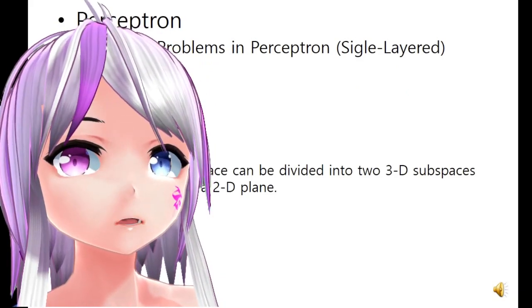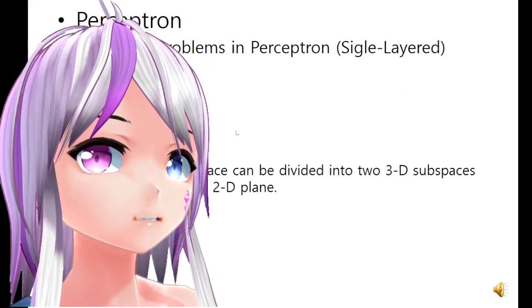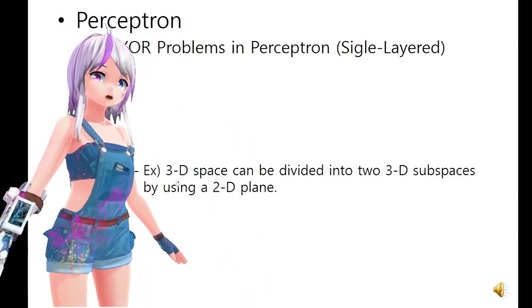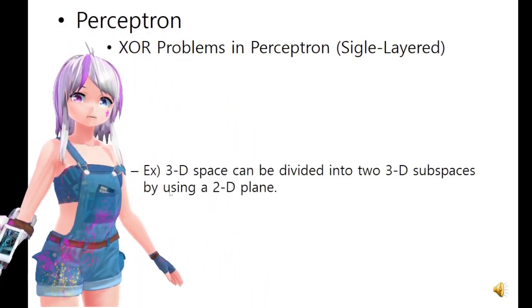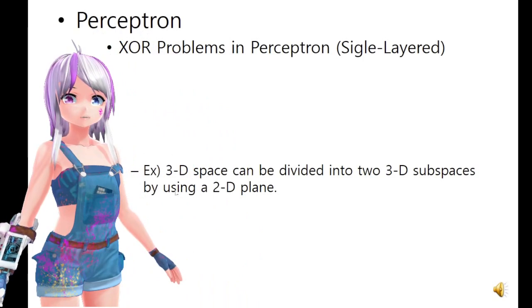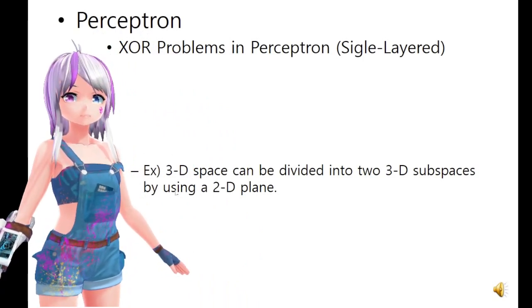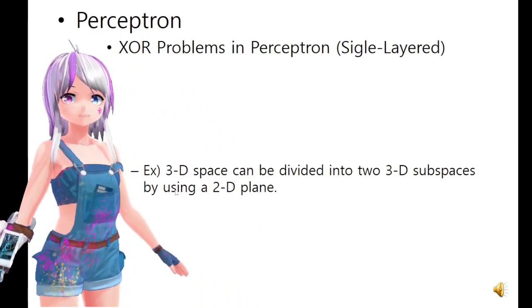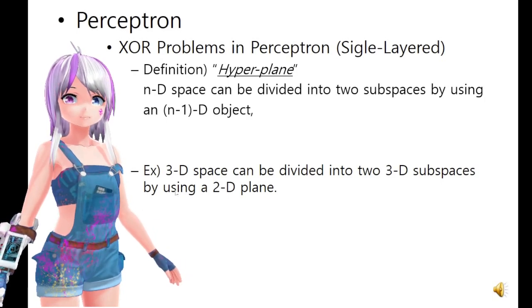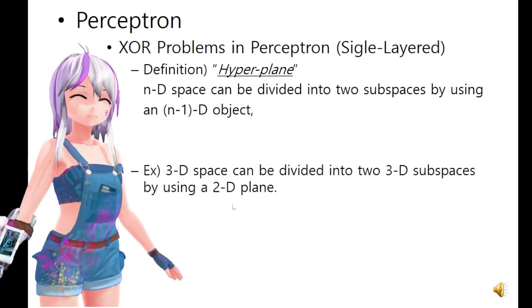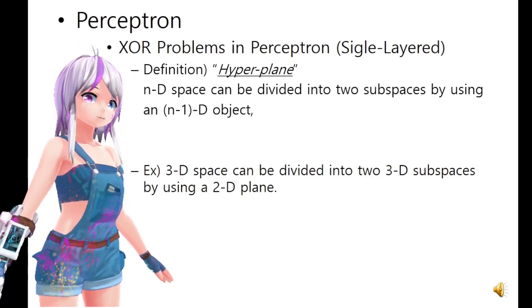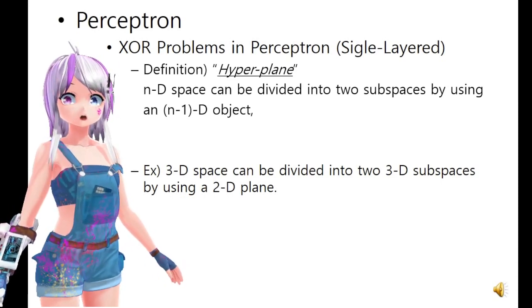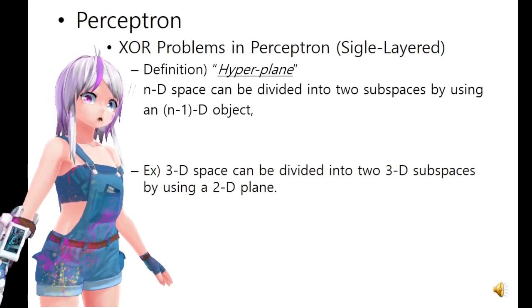With this single layered perceptron, we have exclusive OR problems in general. Because it is a non-monotonic function, it is impossible to find a solution with a single layered perceptron. So we need to define the hyperplane, hyperline or hypercurve.